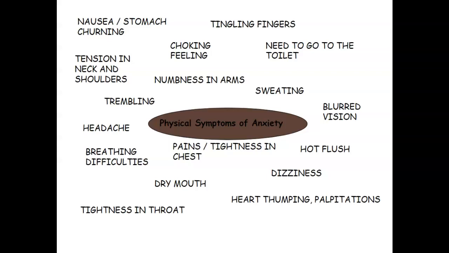Often people come up with symptoms around the chest and the heart, so chest tightness, feeling like you can't breathe, or maybe heart pumping, palpitations. There's often a lot of things around the head, so headaches, sweating, blurred vision or tunnel vision, feeling like you can't swallow or feeling like you're choking.